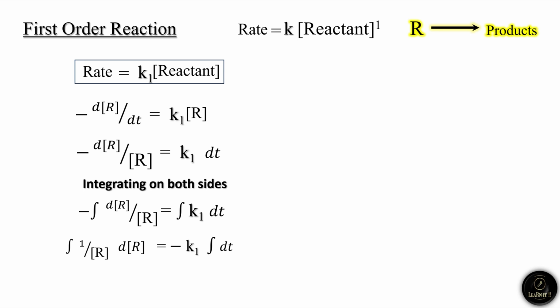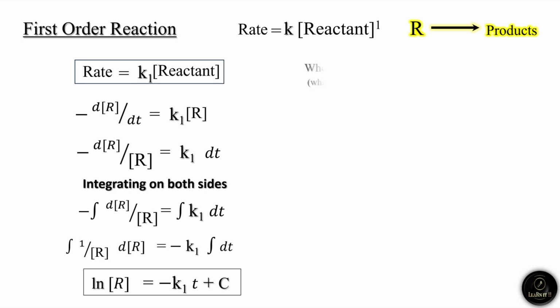We know that the integration of 1 by [R] into d[R] is equal to ln, or log to the base e, of the concentration of R, which is equal to minus K1 into T plus C, where C is the integration constant. The value of the integration constant is calculated by taking T equal to 0, where [R] is equal to [R]naught, which gives the initial concentration.